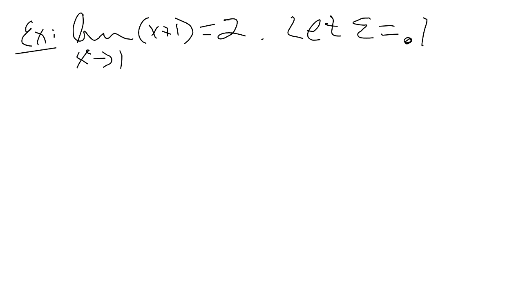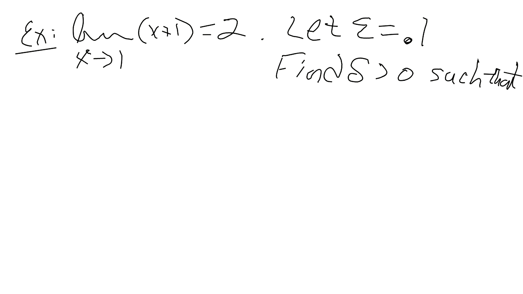Then what we need to do is find the delta greater than 0 such that, what happens? 0 is less than the absolute value of x minus a. So what's a? A is right here. I'm going to go back. This is a, at 1.